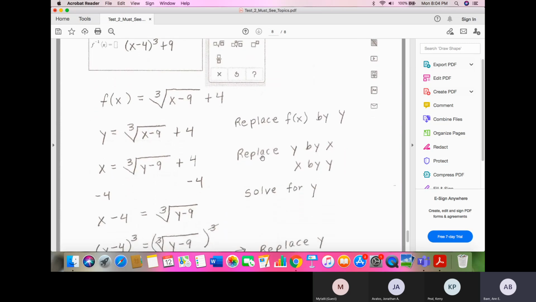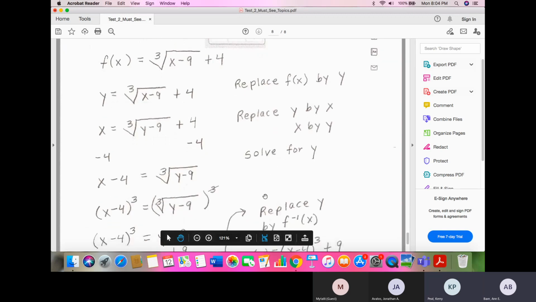So next step, replace y by x. So here's our y, replace it by x. Replace x by y. Here's our x. We're going to take that out, replace it by y to find the inverse. And we're going to copy over the -9 and this +4.